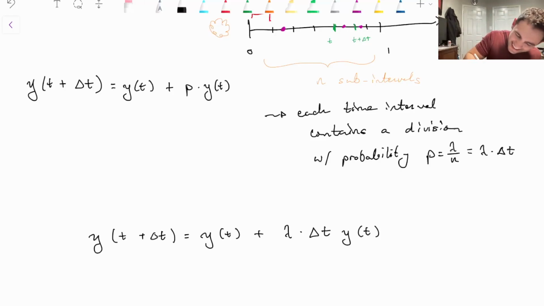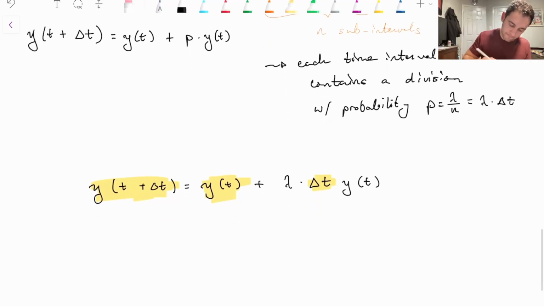And when I see a function evaluated at t plus delta t, and the function evaluated at t, and a delta t, this feels like a derivative in the making. All of the components for a derivative are right here. So I'm very tempted to form a difference quotient out of this.